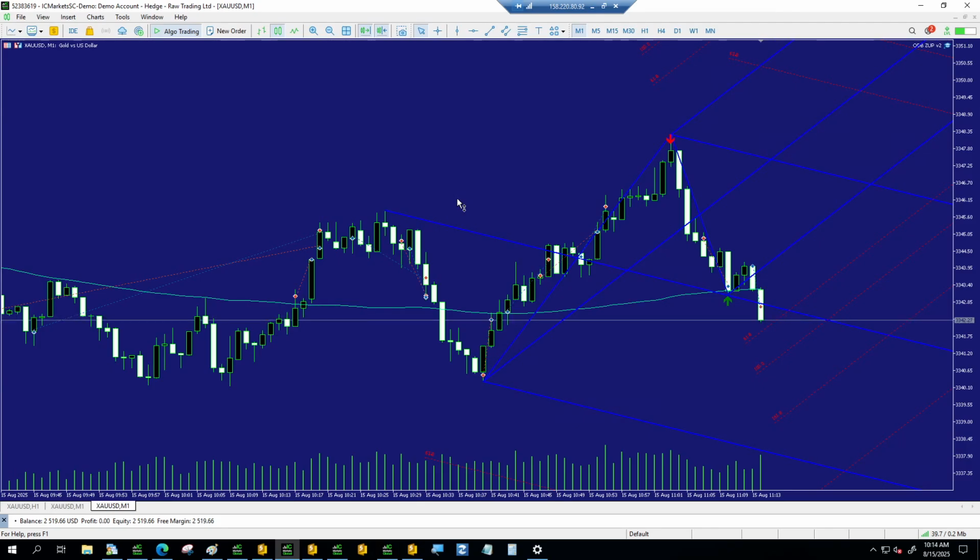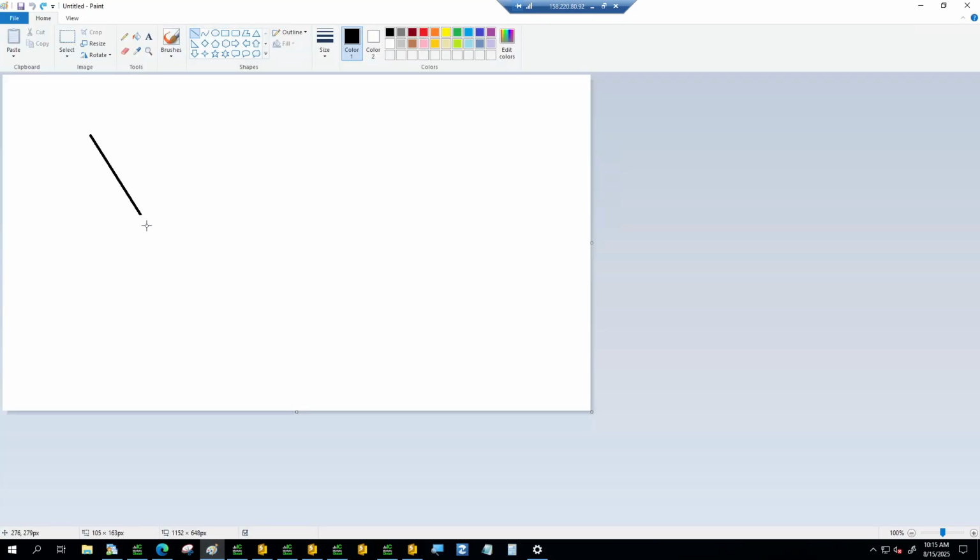And this is the Pitchfork harmonic expert advisor that we see. What it does is draw pitchforks and calculate ABCDs. In case you don't know what an ABCD is, basically we have these retracements, and so this is an ABCD leg.